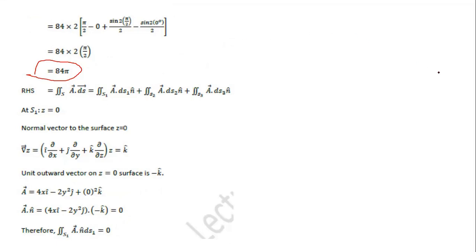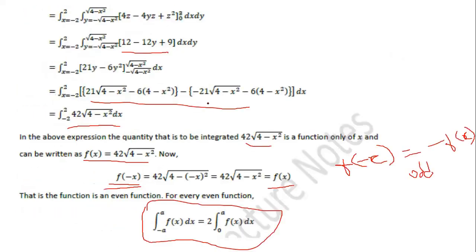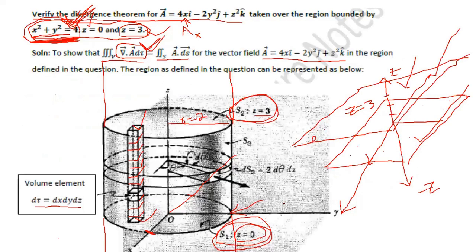So here on the right hand side there is a surface integration of the vector field over the whole surface S. And as I already explained, the surface enclosing the volume can be divided into 3 sections: the first surface S1, the second surface S2, and the third surface S3. I think I have already identified the surfaces here.